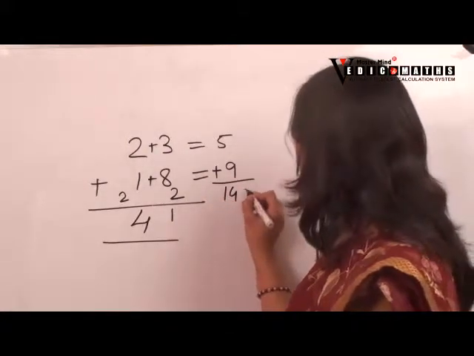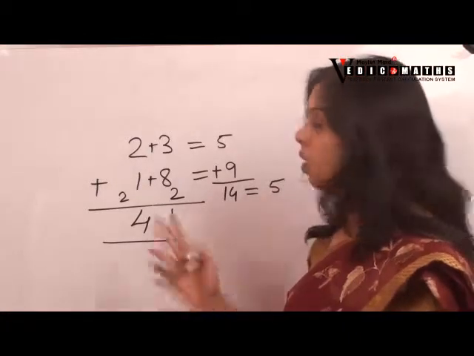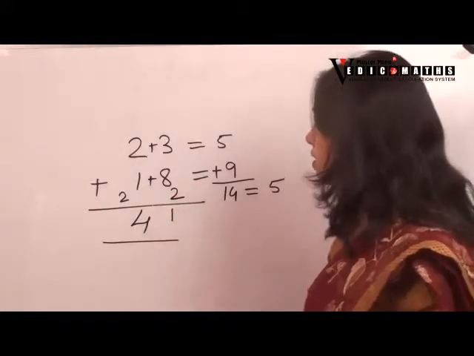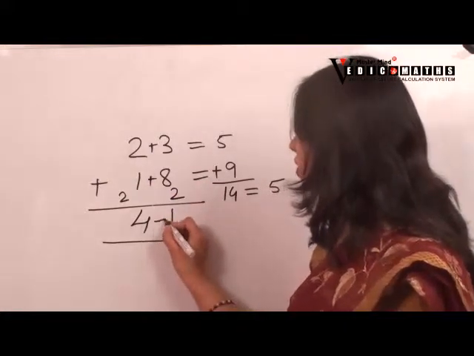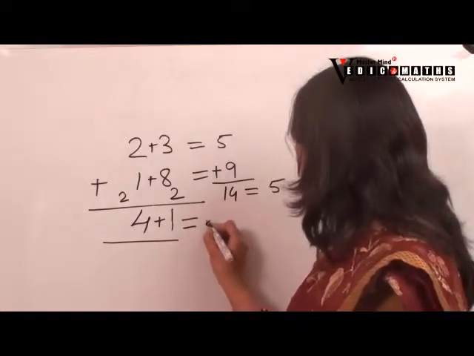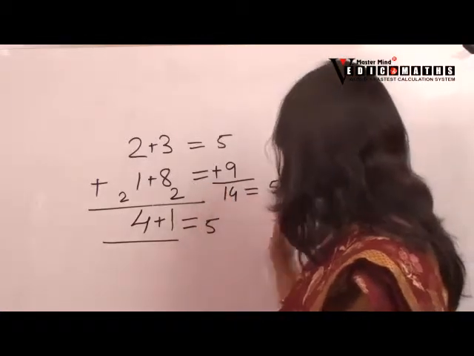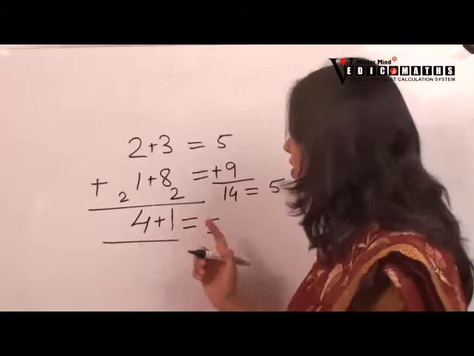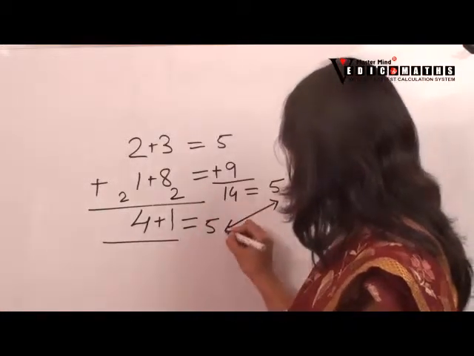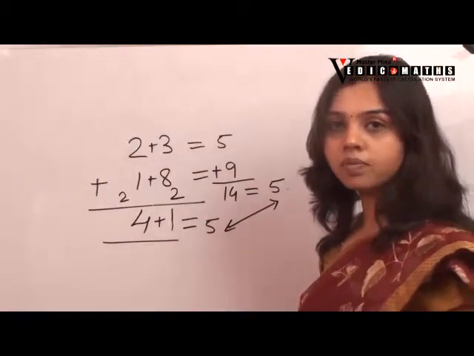Again a 2-digit number, so 1 plus 4 is 5. From the question, we got 5. From the answer, it is 41, 1 plus 4. 4 plus 1 is 5. That means digit sum of question is 5 and digit sum of answer is 5. It seems our answer is correct. If it is not equal, that means our answer is wrong.